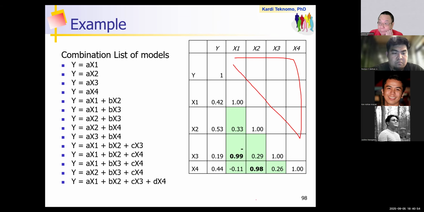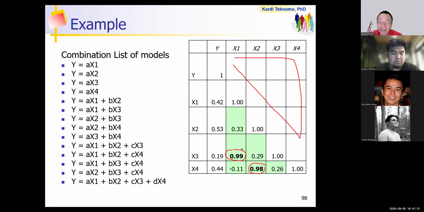Check the high correlation. High correlation means above 0.9. Here we have 2, this one and this one. Between X and Y, between the independent and dependent, we need high correlation.